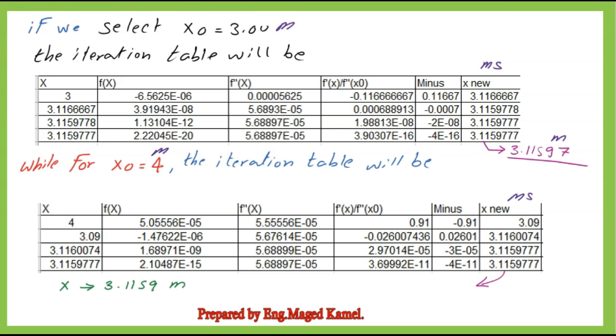It will become -0.007. Will be added to 3.11667. Will give us 3.59778. We put it again, and the same process will be repeated. For the last time, we will find that the value is coming to 3.115977.